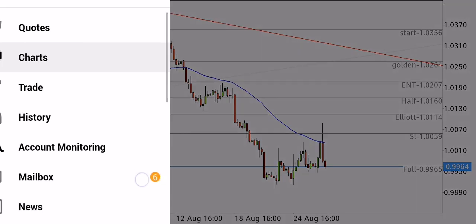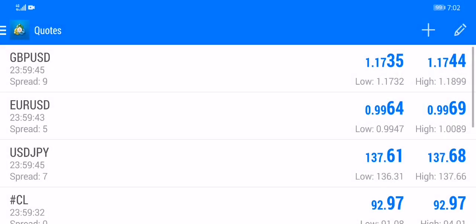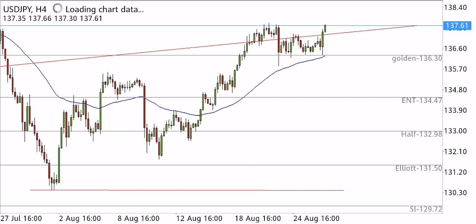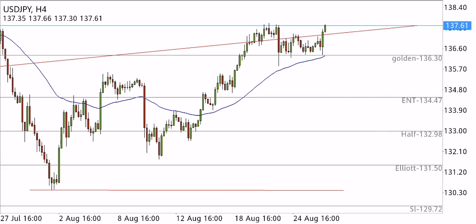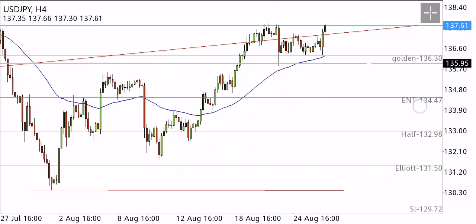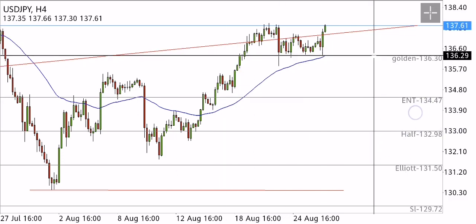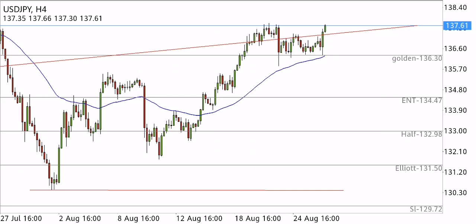Now take a look at the other currency pair, which is USD JPY. We said in our previous analysis that unless holding above the 136.30 level, this is the Fibonacci level.